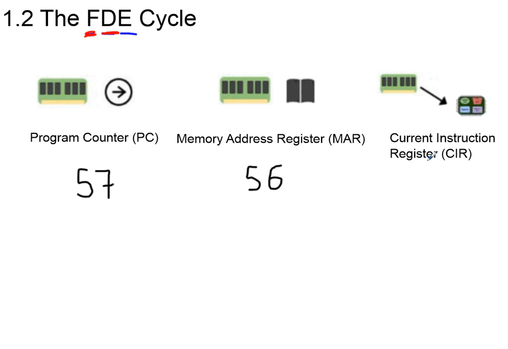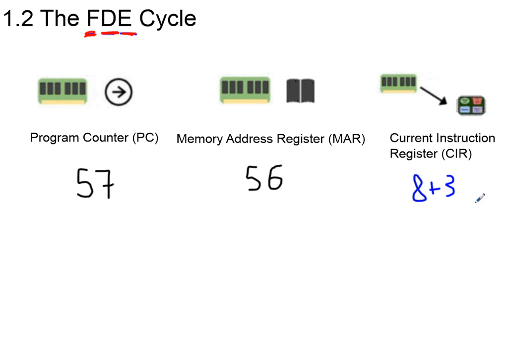Now what we can do is decode that instruction. So imagine the instruction is 8 plus 3. So really simple calculation. So 8 plus 3, the computer now, the control unit, will decode and it will work out what needs to be done. So it knows that it is a maths problem, so it's going to execute it using the most appropriate component.